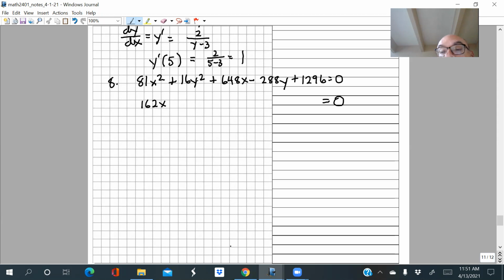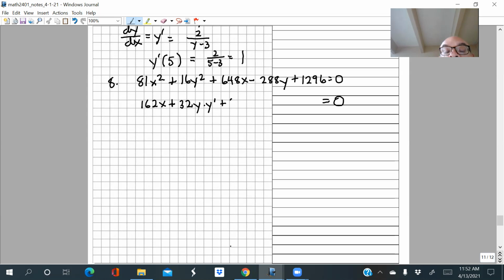Now, this one's trickier because it involves the variable y, but you're still going to use the power rule. You bring the 2 down. 2 times 16 is 32. Times y to the first power, because you subtract 1 from the exponent. But remember now you have to multiply in y prime. That is the chain rule. What's the derivative of 648 times x?